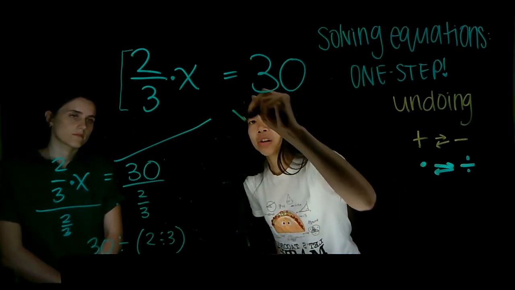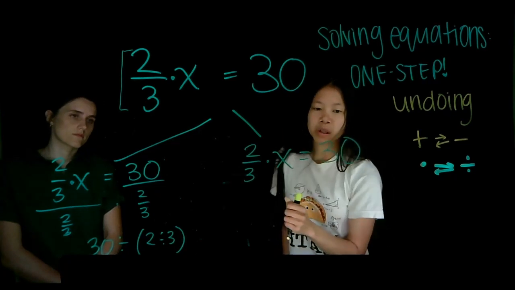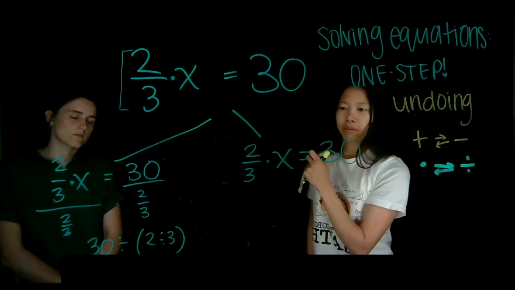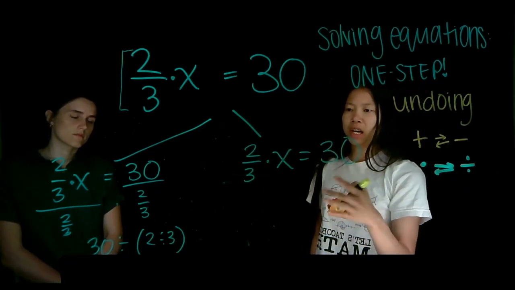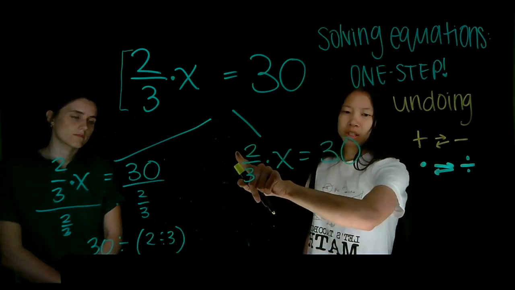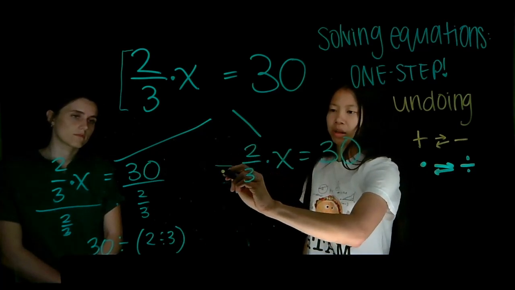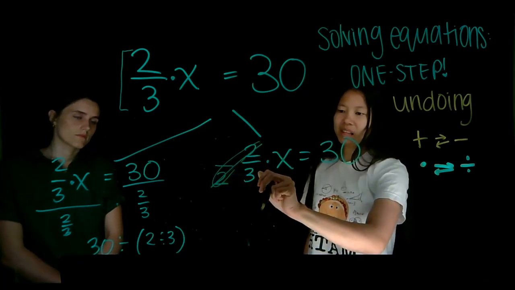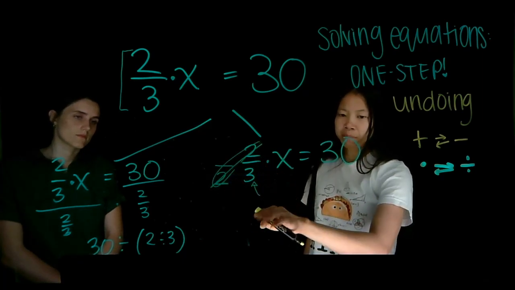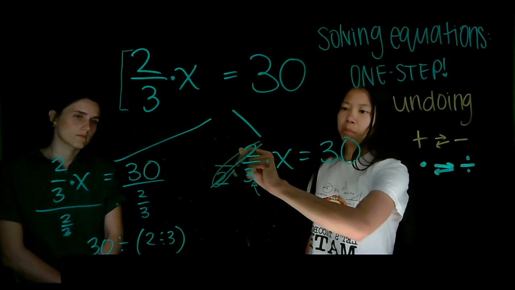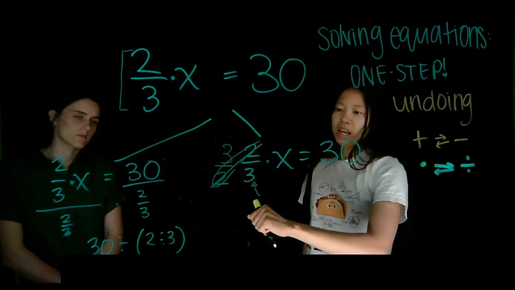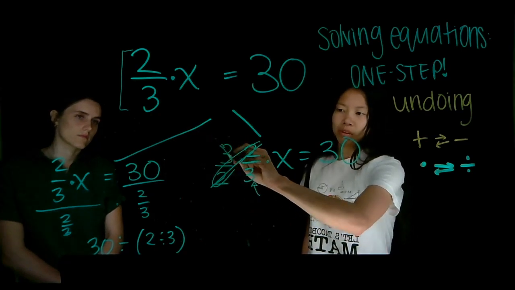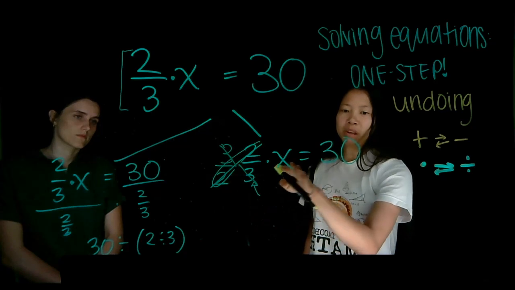You could also solve it this way, and you can use what we call the reciprocal of a fraction in order to make a giant 1. So to undo a times 2 on top, I have to divide by 2, and that will make a giant 1. This side is also being divided by 3, and because it's being divided by 3, I can multiply by 3, and that will also make a giant 1. 3 over 3 will also make 1, and then I'm left with just x.